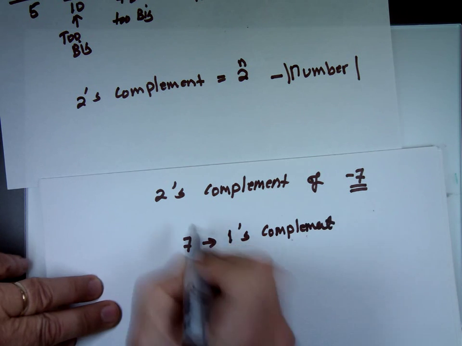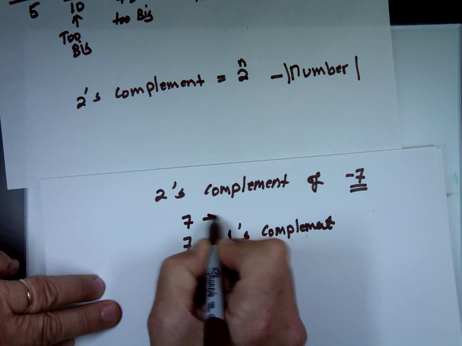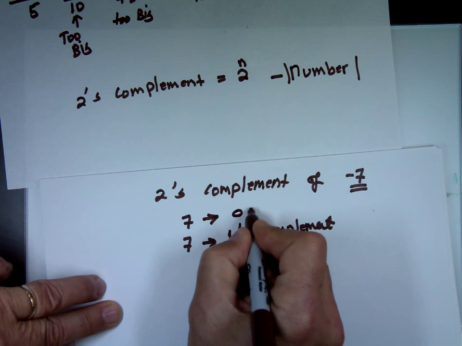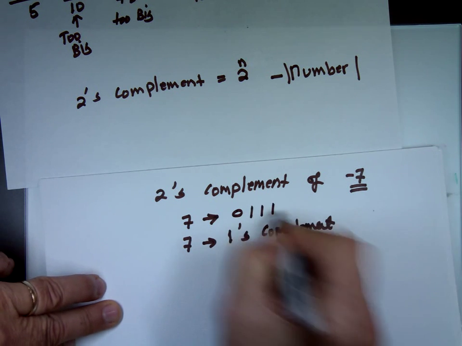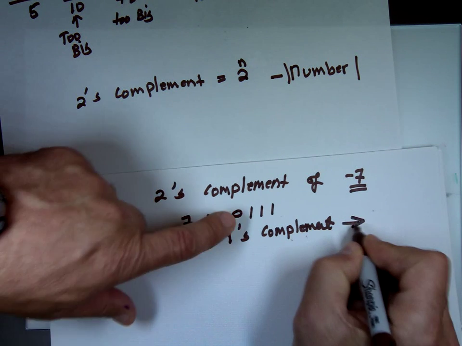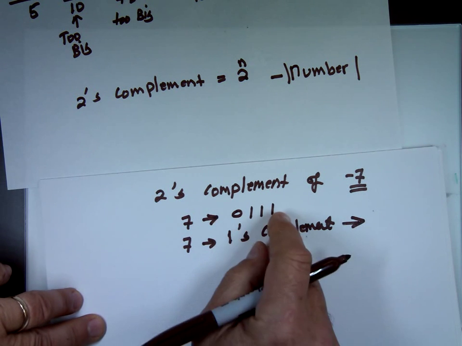First, here's the 7. What is 7 in binary? Not a negative. What is 7 in binary using 4 digits? 0, 1, 1, 1. Right? That's a 7. The 1's complement: you change all the 1's to 0's, all the 0's to 1's.